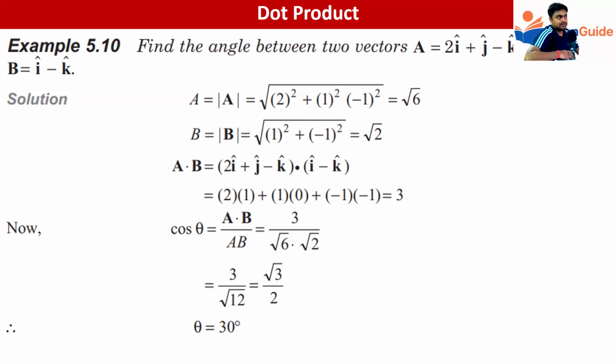So once we are well equipped and well trained to use the formulas, it is better to rely on the formulas than on just feelings. So just apply the formula. That's it. We proceed ahead.